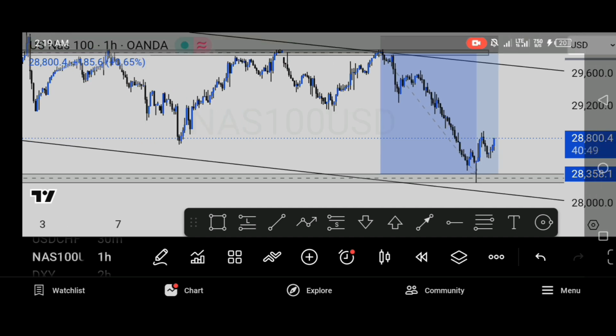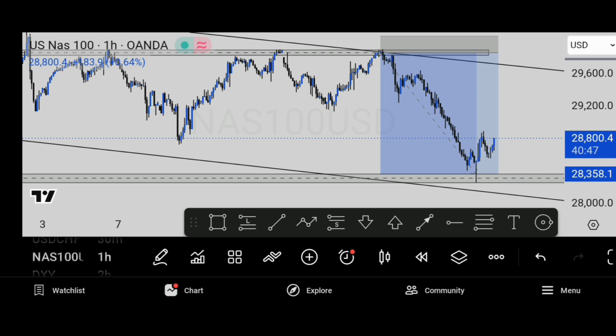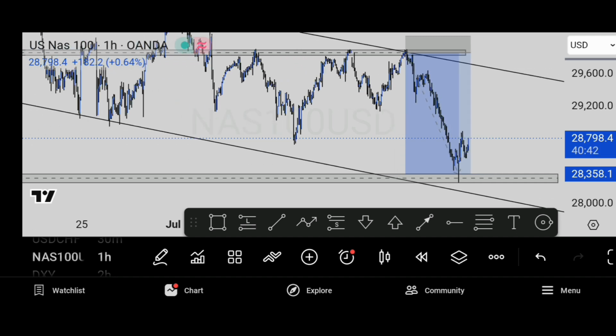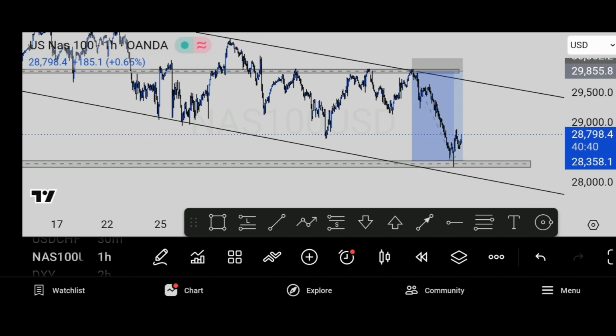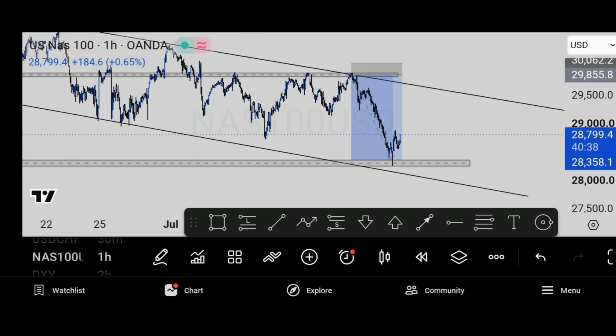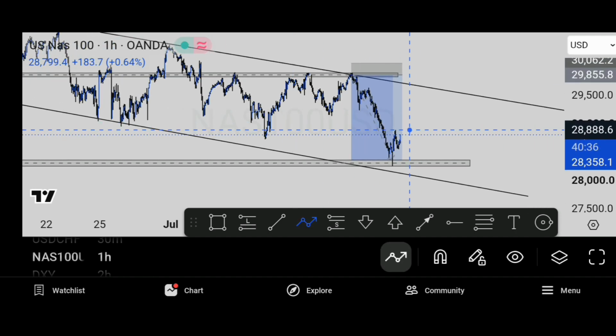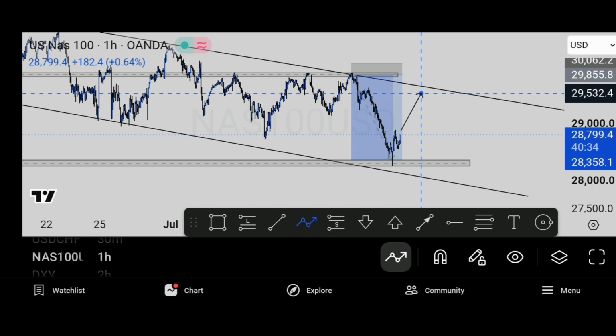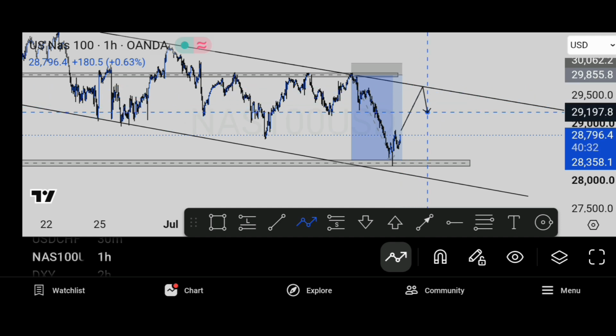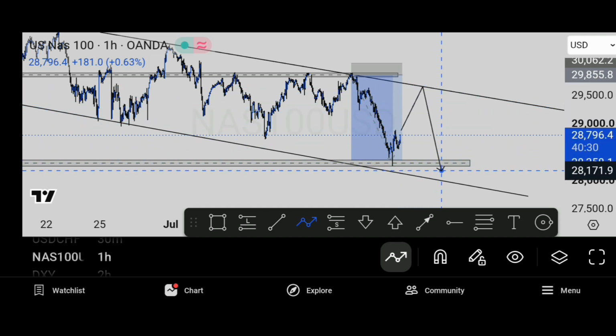So yeah guys, that's how I got this trade on Nasdaq. And yeah, I'm still looking forward to milking Nasdaq again. I still need to milk Nasdaq, you guys.